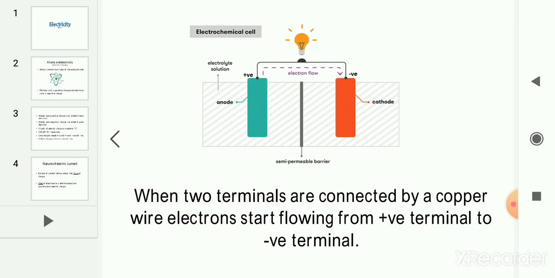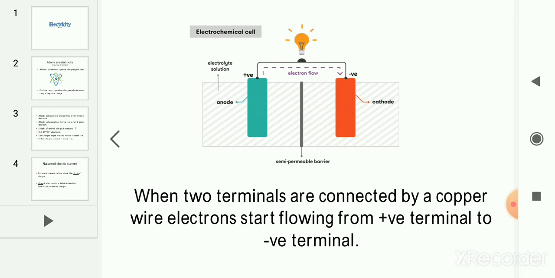Here you can see the example of an electrochemical cell. You can see two terminals, one green and the other red. The green one is the anode, the positive end of the terminal, and the red one is the cathode, the negative one.